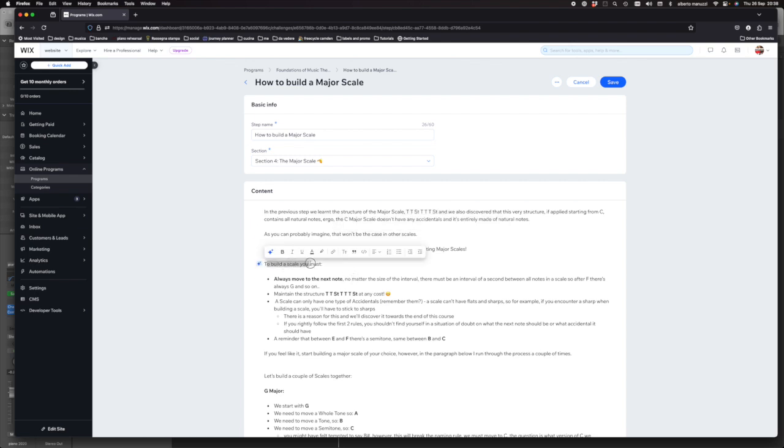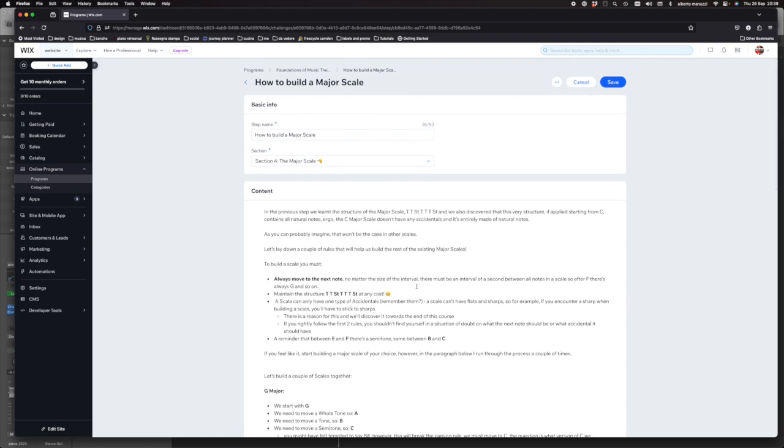To build a scale, you must always move to the next note, right? We talked about intervals earlier. A scale is built of notes that are a second from each other. After F, there's always G. After G, there's always A, B, C, D, in order that way.